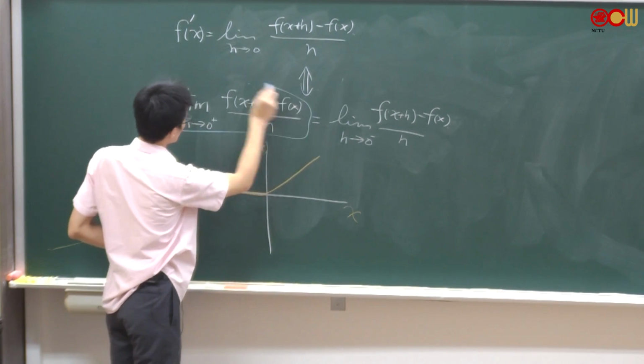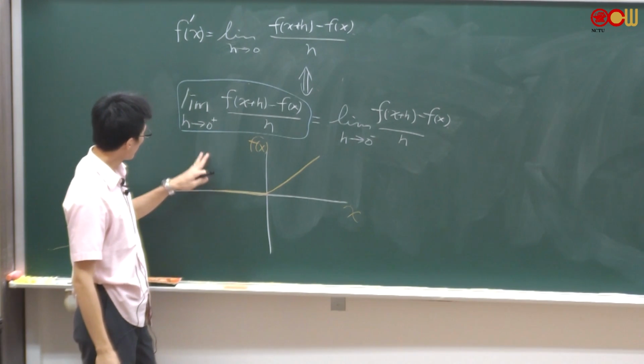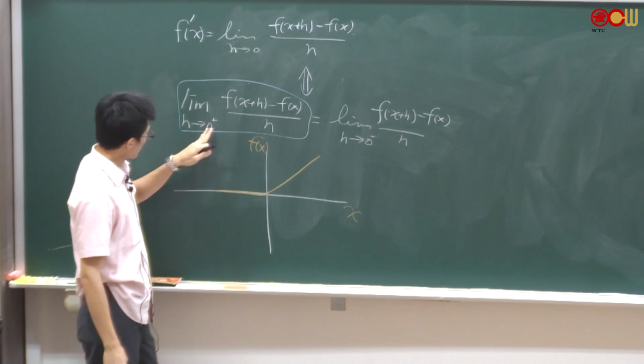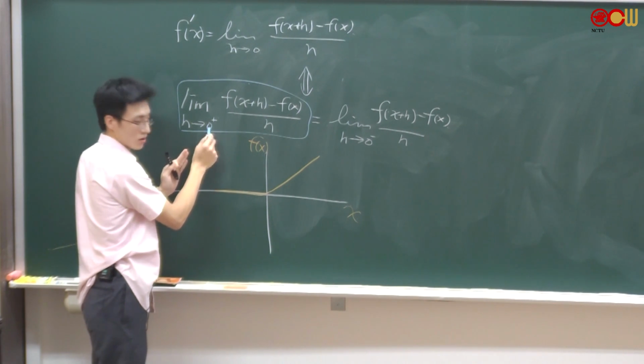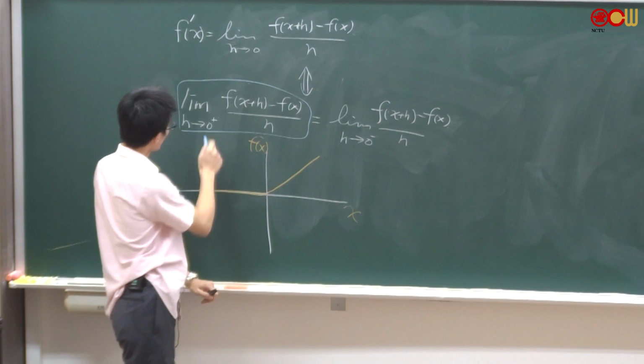what does this part mean? It means we evaluate as h approaches the right-hand side of 0. What is the right-hand side of 0? So h is on the right-hand side of 0.